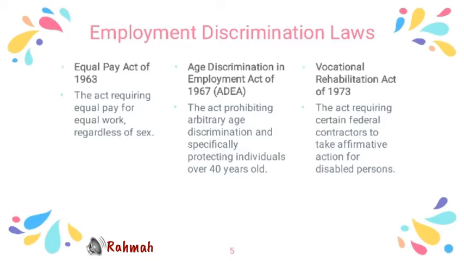And the next, the act prohibiting arbitrary age discrimination and specifying protection for individuals over 40 years old. And the last, the act requiring certain federal contractors to take affirmative action for disabled persons.